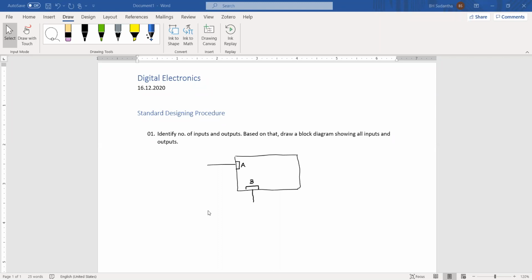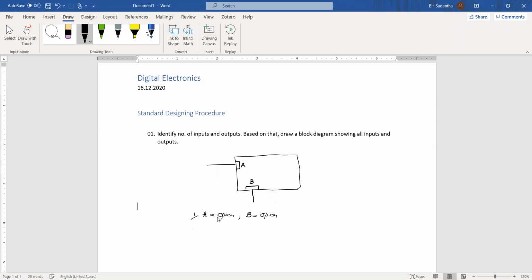The customer is telling us that the first condition is: assume door A open and B open.